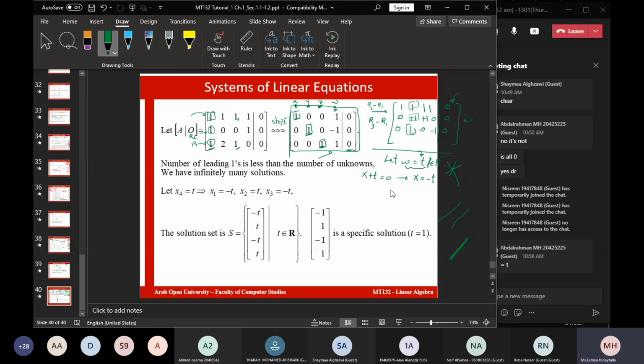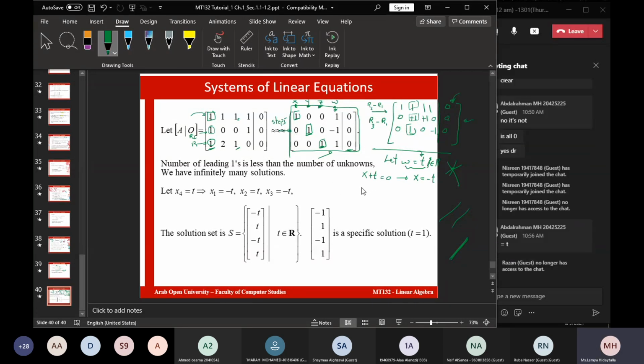Yes? Now from the second, we get the second equation. Okay? So what do we have? We have 1 times y, minus 1 times w, which is minus w, but the w is equal to t, so minus t is equal to 0. That implies y is equal to t.